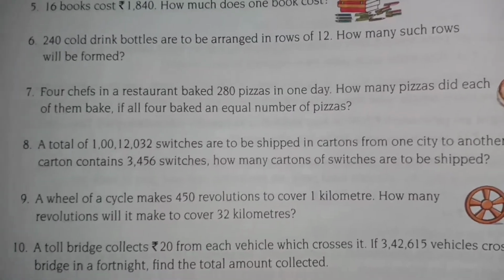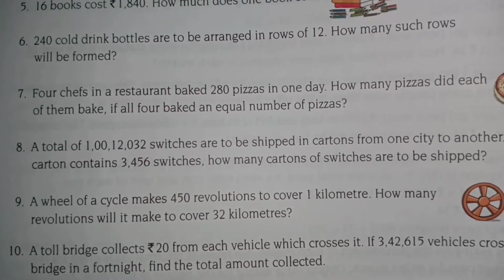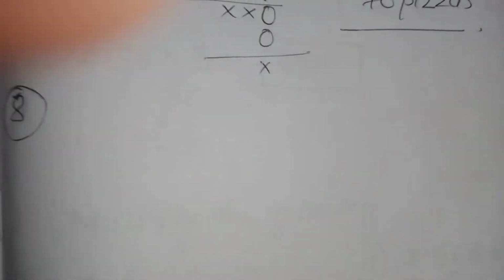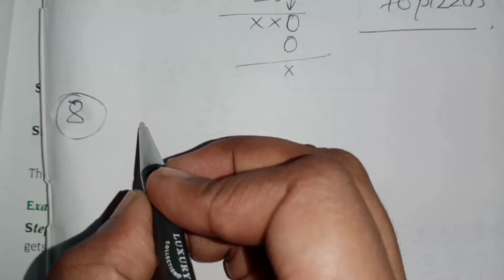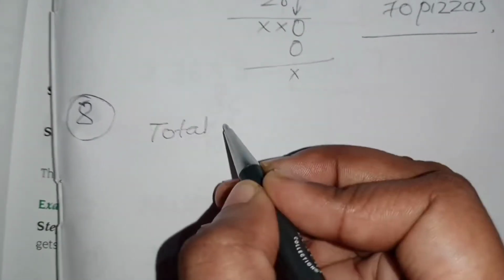So what do we have to do? We have to divide. When we divide, we will get the number of cartons. So now let's do it. Let's write. First we write the total number of switches.